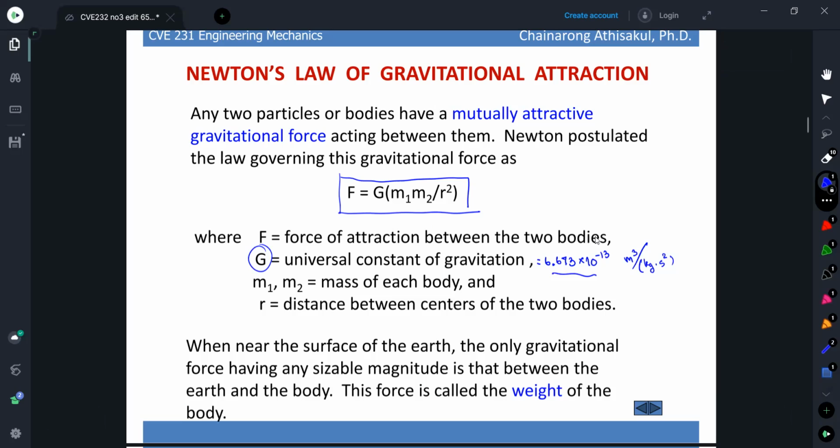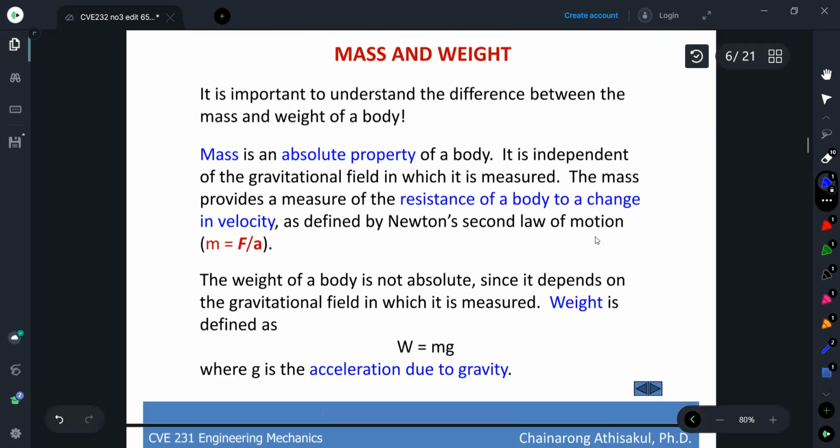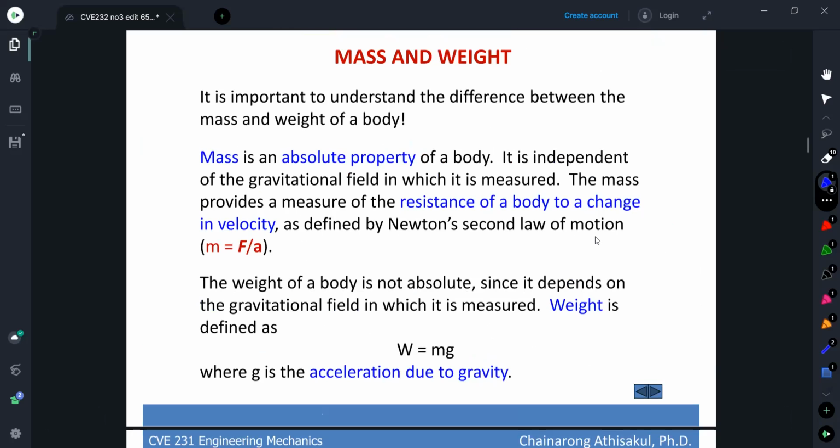With some body, we will feel that it has a gravitational acceleration, and that becomes the weight. Here m1 is maybe the mass of the Earth, and r is maybe the radius of the Earth. After we combine these, we will get the gravitational constant.